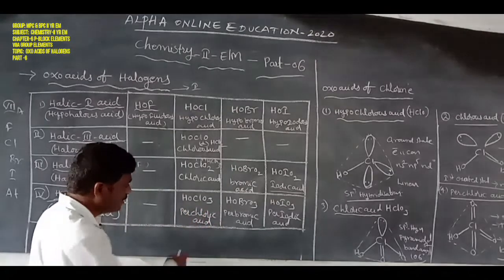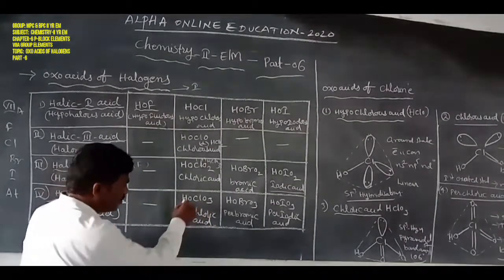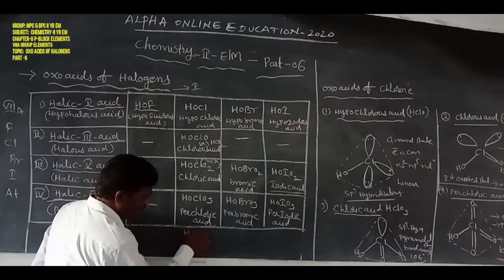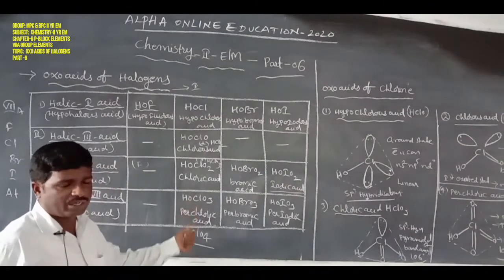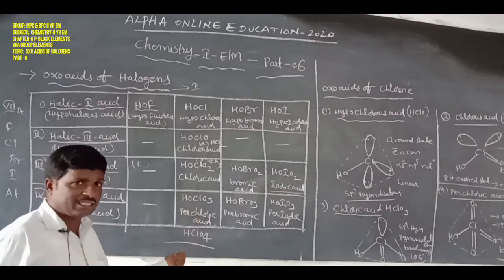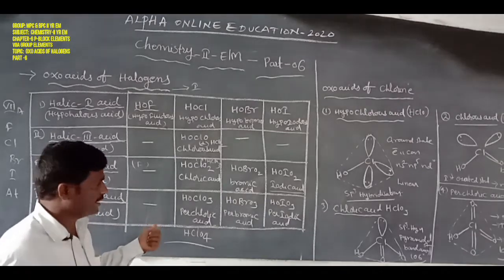That is perchloric acid, HOClO3 or HClO4. Perchloric acid is which type? Halic seventh acid.